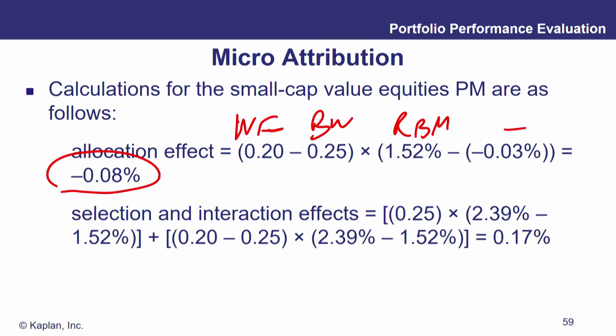Okay, so now we have to do the selection and interaction effect. So first thing we're going to do, the benchmark weight for small cap value equities was 0.25. Then we're going to take the fund return, which was 2.39%. We're going to subtract the benchmark return, which was 1.52%. And then we're going to take care of the interaction effect.